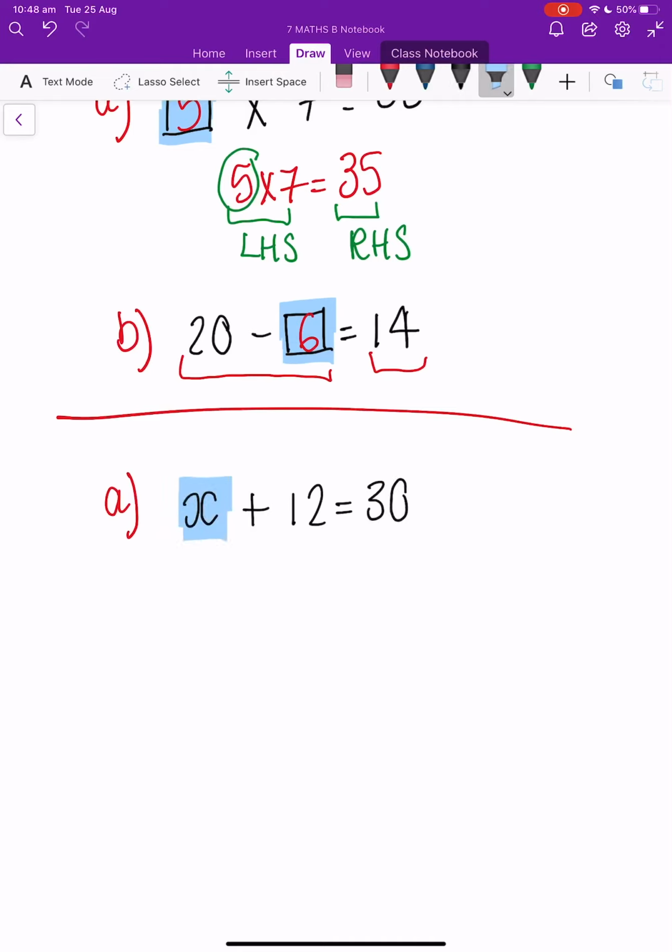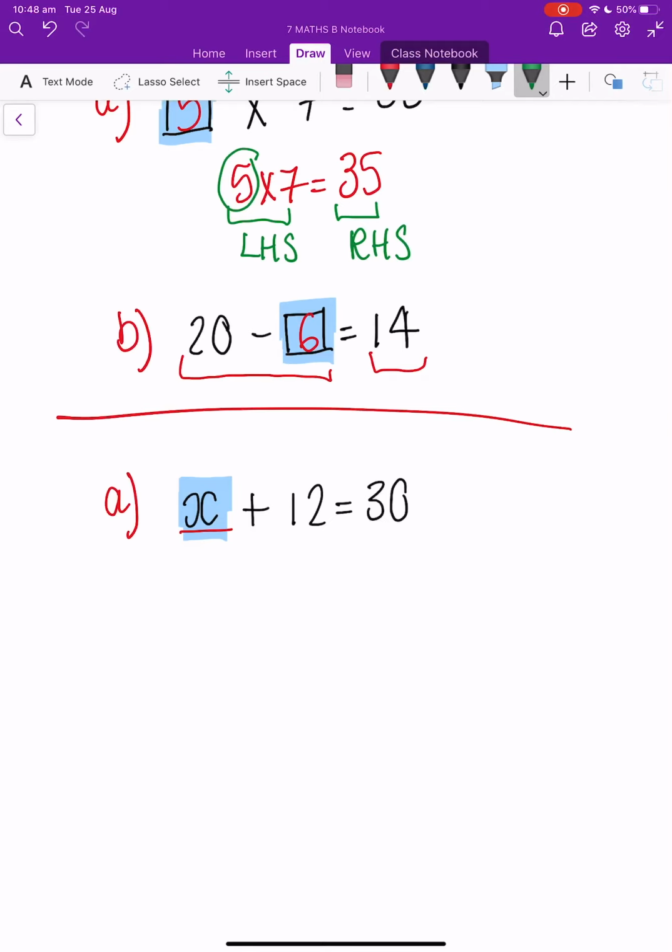I don't know what it is. You can think of this as the same as dealing with a blank box. We don't know what it is, but this time I'm giving you a letter. Now you've got to think, what number could replace x to give you 30? Have a think about that.